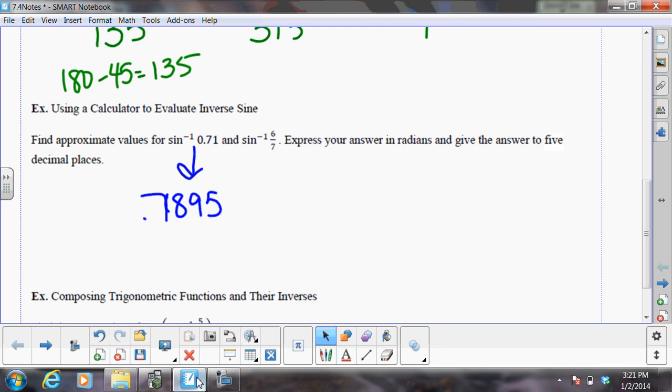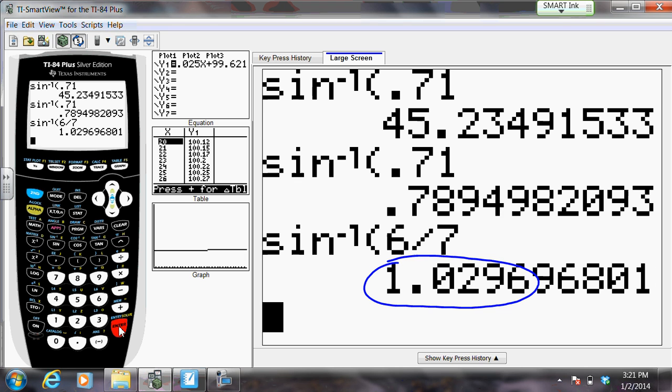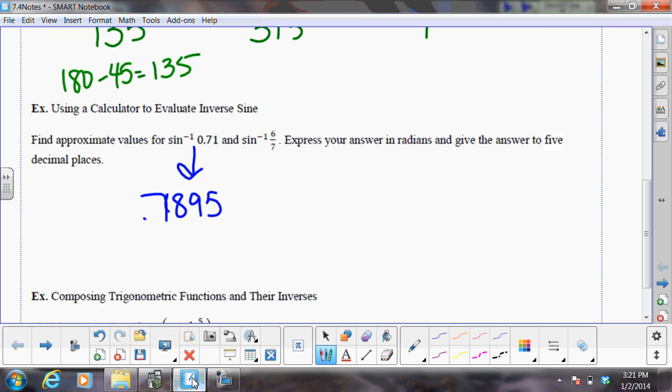If we do the arcsine of 6/7, arcsine 6/7, enter, 1.02969, but there's a 6 behind it, which makes it actually become 1.0297. So this one is 1.0297.